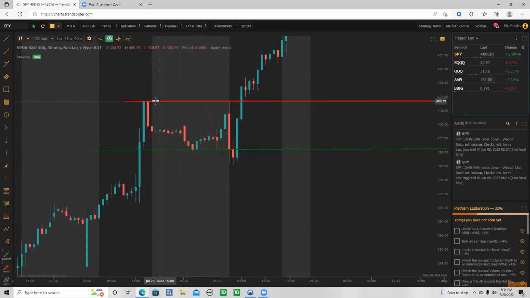A rejection area would be a resistance area. A bounce area would be a support area, because if we're bouncing off of it, it has to be a support. It's supporting it up. It's showing that it's a strong level. When we reject, we're resisting and breaking out. So support and resistance is how that works.